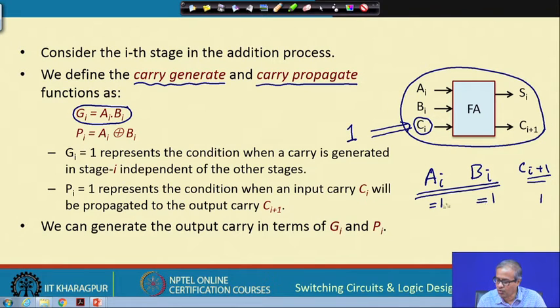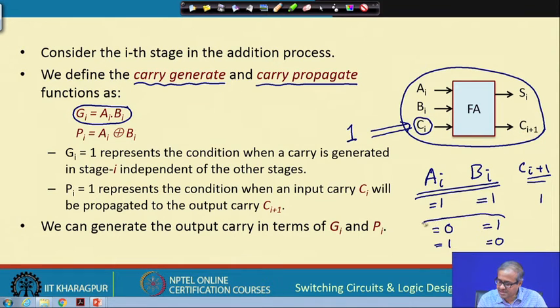You see, if it is 1 1, then it is generating carry anyway, but for propagation the two conditions will be that one of them is 1, either 0 1 or 1 0. If it is 1 0 1, then also there will be a carry out. If it is 1 1 0, then also there will be a carry out.